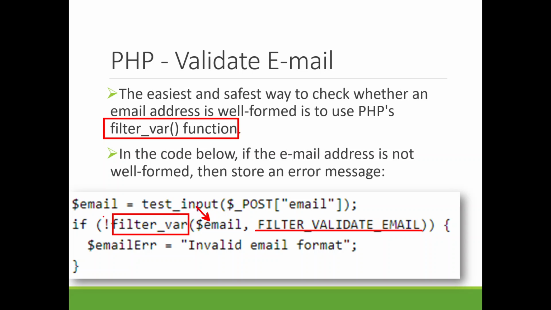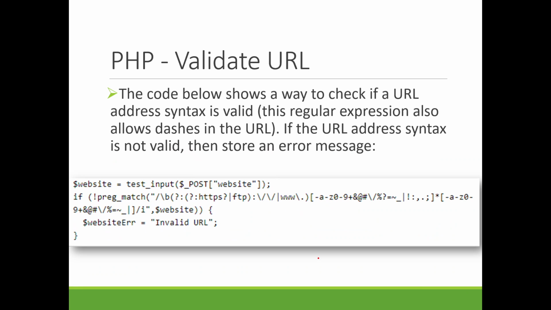Again, we are negating so that if it's not correct, we save that error message. We can also validate the URL. To validate the URL, again, we use the preg match function.